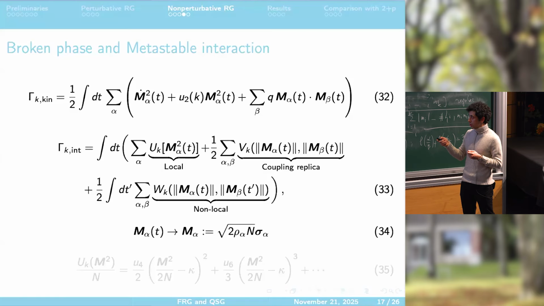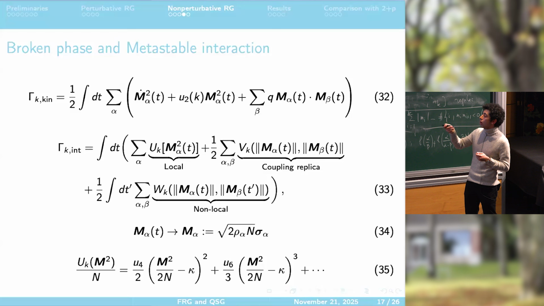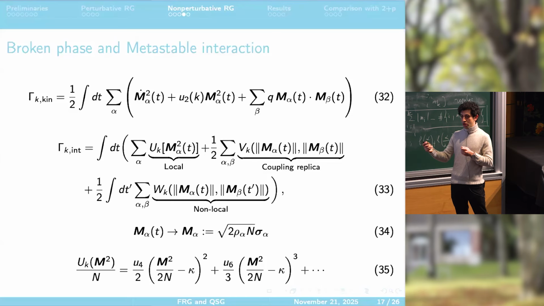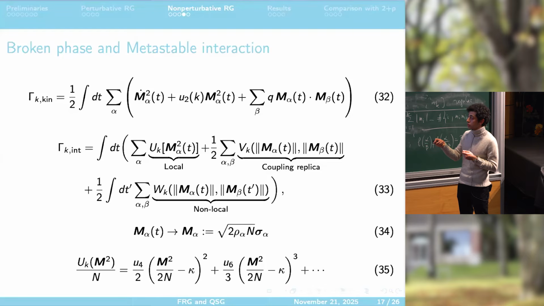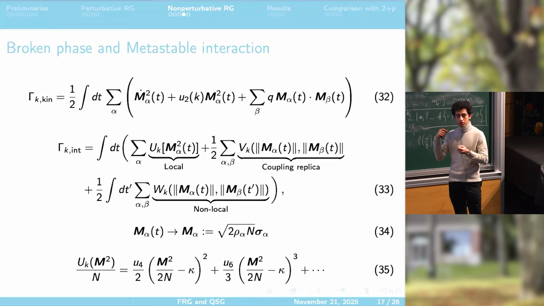So this is another breaking of the symmetry. And we also break the ON symmetry by developing around a non-zero vacuum, which we call kappa, or square root of kappa, instead of developing around the vacuum zero as before.